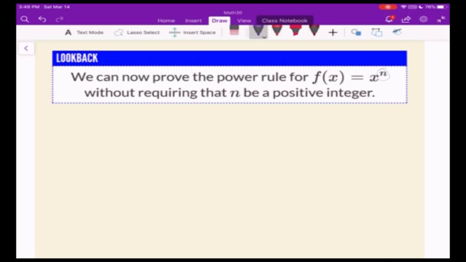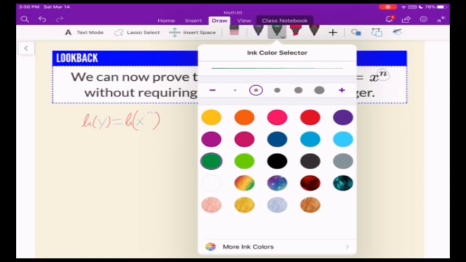So I'm just saying here that we kind of glossed over the idea that when we found the derivative of x to the n, we didn't really deal with the case where n is not some sort of nice integer. We just said, yeah, it could be done. But if you think about this, I'm just going to use the same trick that we've been using in this lesson.